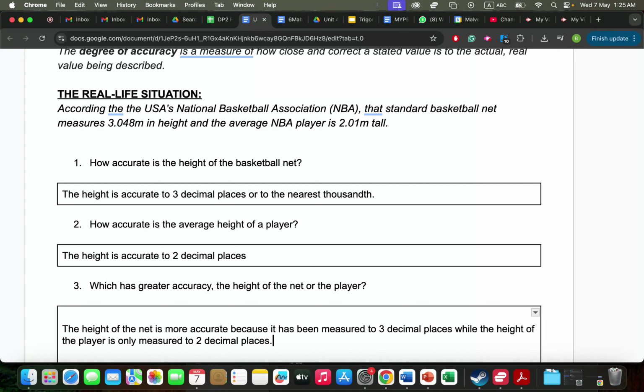So at least I think we can all agree upon this, that the height of the net must have a greater accuracy, because it has a higher precision because of the 3 decimal places that's given to us.